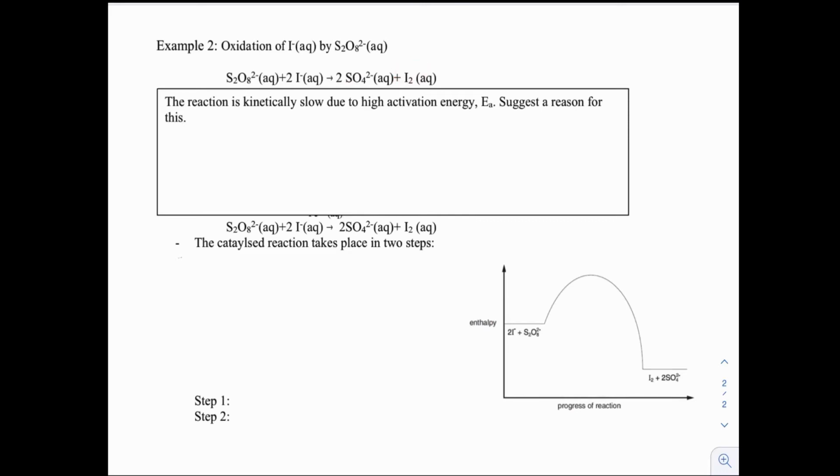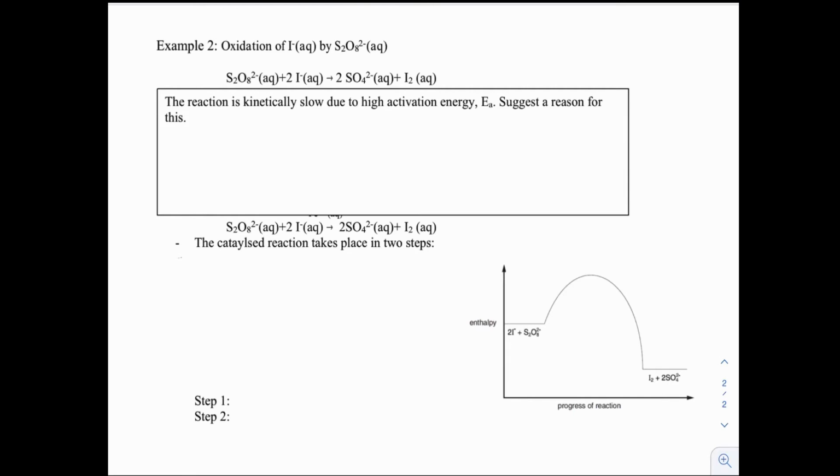And one of the famous past year questions is this: the reaction is kinetically slow due to high activation energy. Suggest a reason for this. Now, this reaction happens without the presence of a catalyst. Why is this reaction kinetically slow?